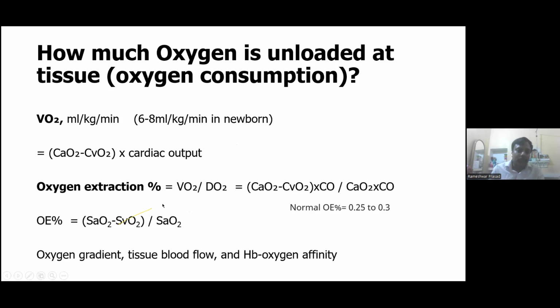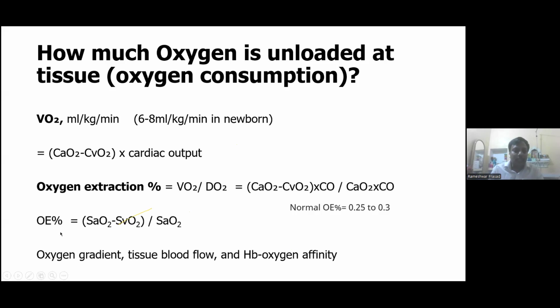And simply, if you want to take advantage of your blood gas, if you solve this formula, then you will get this formula finally, where you will only need SaO2 and SvO2 to calculate oxygen extraction percentage.